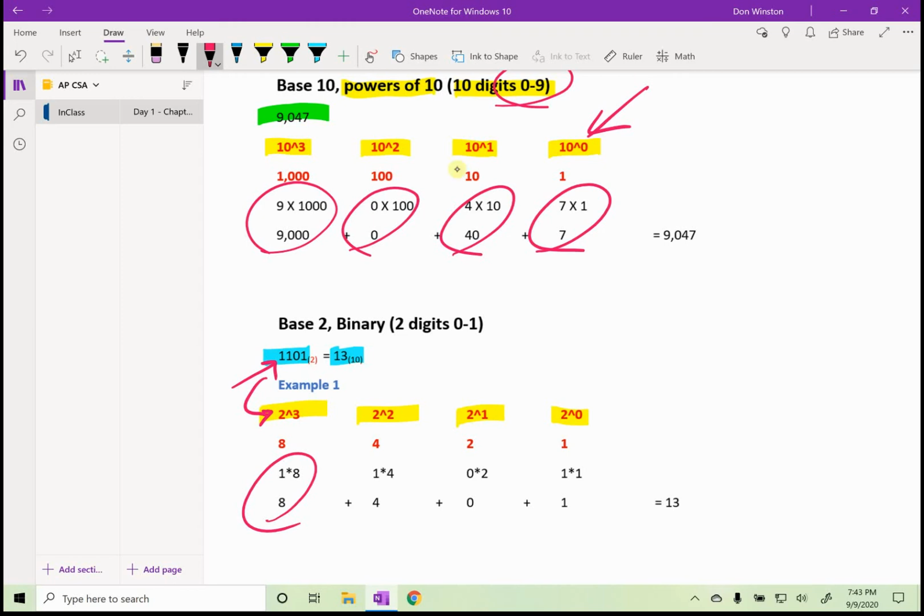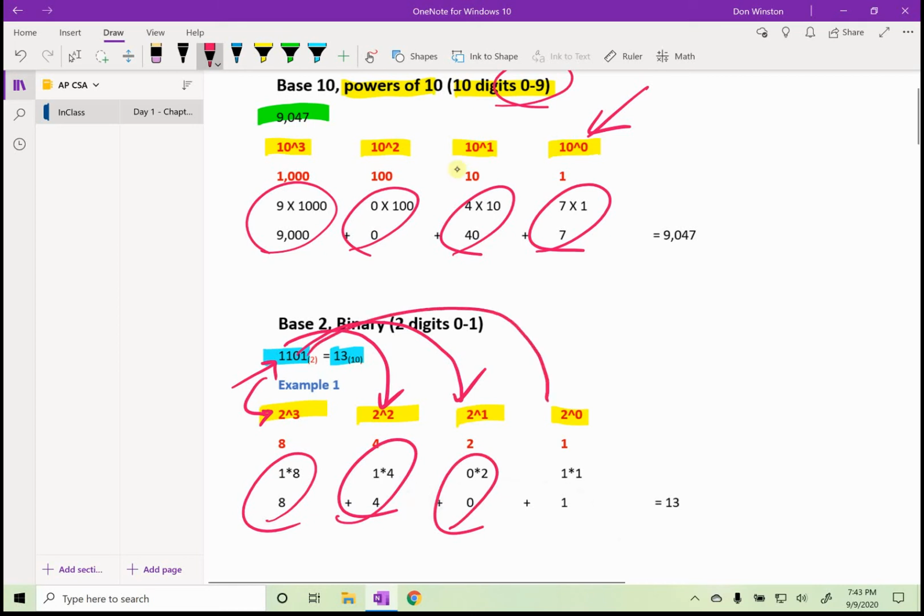And then I'll take the other 1, and I'll multiply that by 2 to the second. So 1 times 4 is 4. Then I take that 0, and I'll multiply it by 2 to the first. Well, that will give me 0. And then finally, I'll take that 1, and I'll multiply it by 2 raised to 0, which is 1, and 1 times 1 is 1.